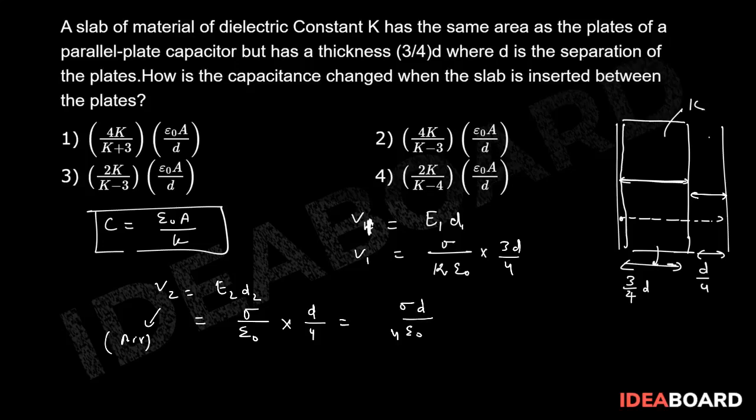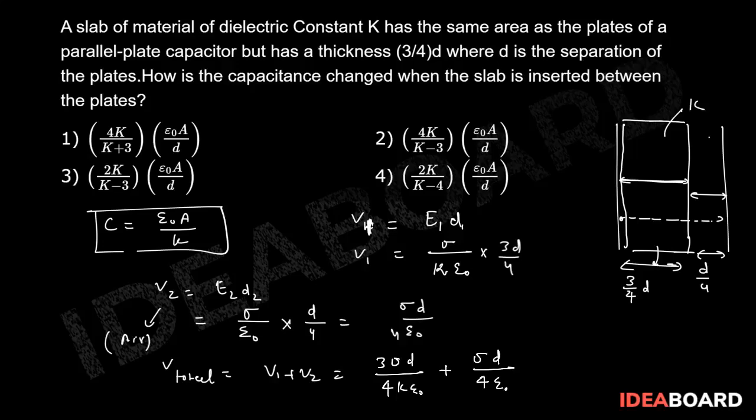Now what is the total potential drop? V total will be equal to V1 plus V2. V1 is 3 sigma D divided by 4K epsilon naught, plus V2 which is sigma D upon 4 epsilon naught.